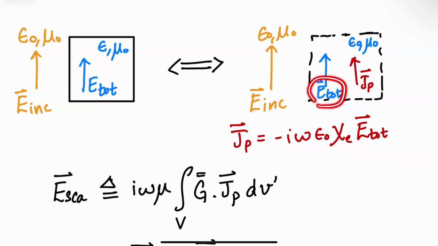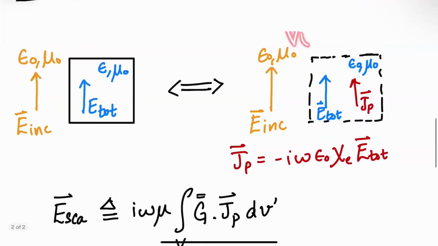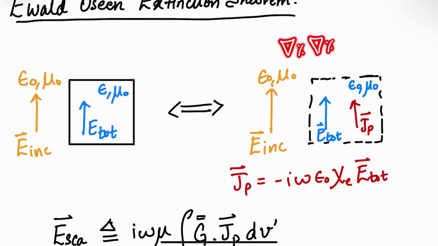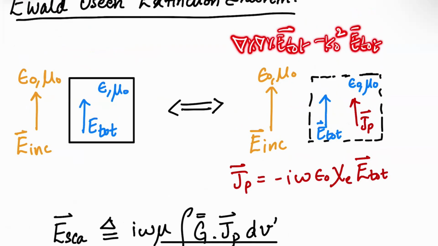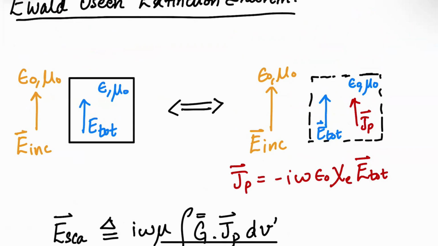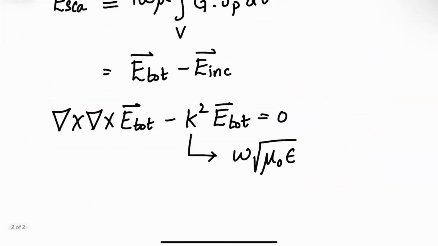This total field also satisfies the wave equation, which is curl curl E total minus k naught squared E total equal to mu naught JP. The reason is that it's the valid wave equation for the field here with a source. But if you're considering the source-free case, then it satisfies the left-hand side. Okay, so hopefully that makes sense.